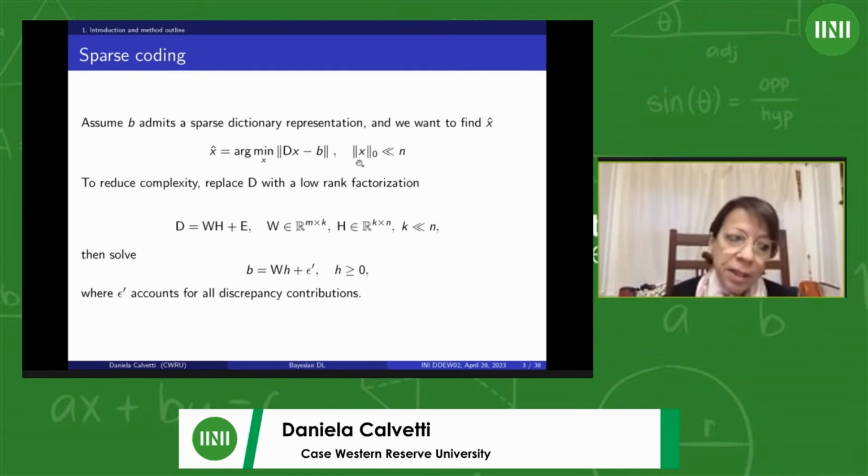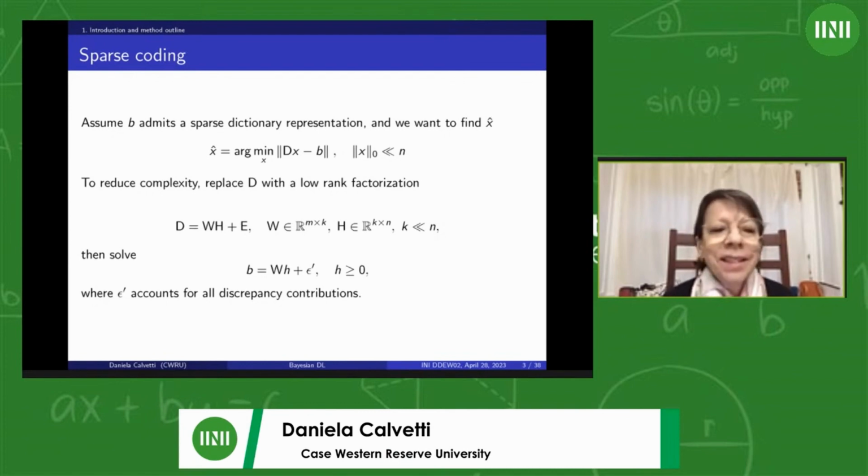And we can express how small we want it if we recast this problem in the Bayesian framework in a very efficient manner here.